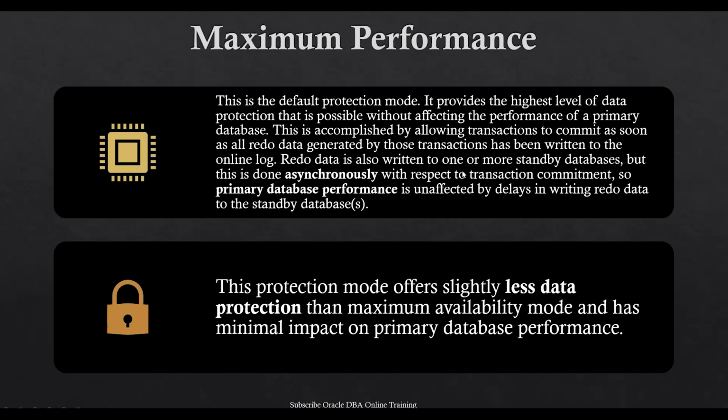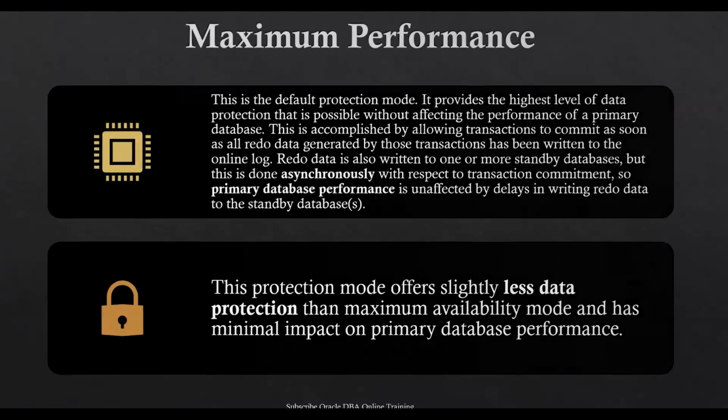There is no acknowledgement that these redos have reached the standby database. That is the logic behind the maximum performance mode of your standby database. This protection mode offers slightly less data protection, so there is a possibility of losing data, but the performance of your primary database will be maximum, and that's why the name is maximum performance mode.